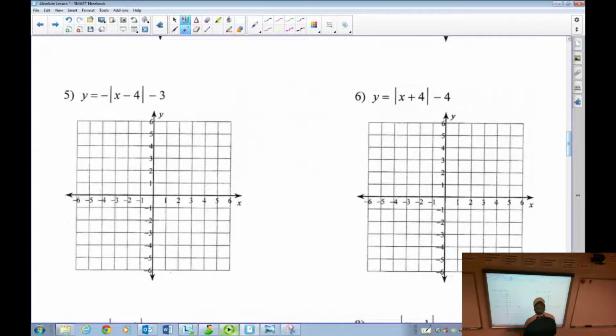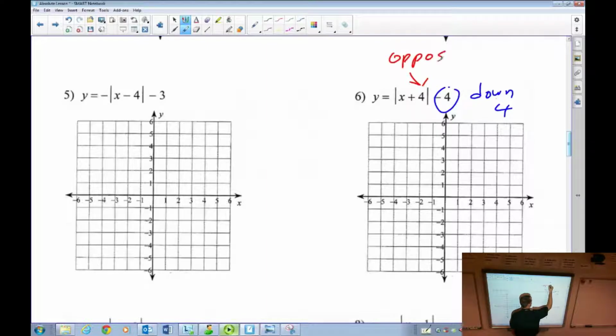Okay, so this one, we'll jump down to maybe a harder one. Yeah, look at that one. So this means to go what? Go down 4 because of this guy. And this guy means to go, let's see, right is positive, I gotta think of the opposite. So you're right, that means I'm gonna go what? 4? I'm gonna go, the opposite of +4 is left 4. Another way you can think of it is what value is going to make this 0?